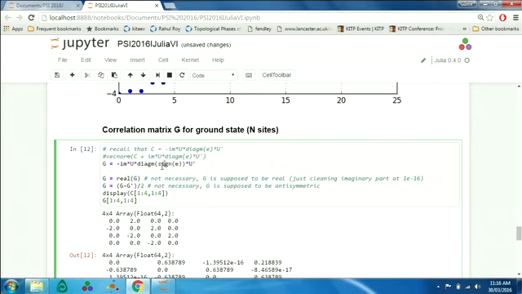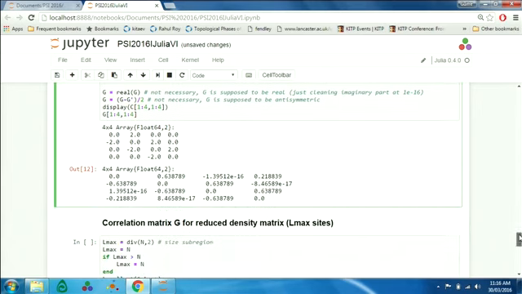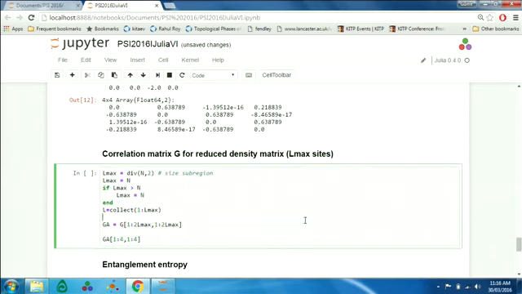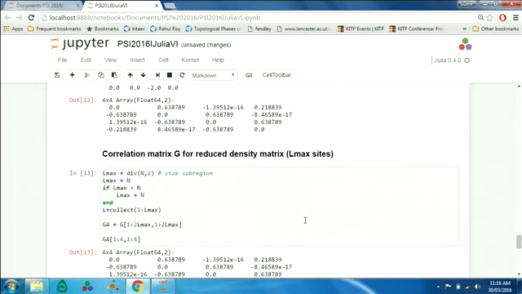We again have to take the sign of the single particle energies and do whatever transformation we had done to diagonalize matrix C, U dagger. Very good. And finally, the correlation matrix G for density matrices, we do the same as before. We create our correlation matrix on part A by restricting the correlation matrix for the whole system to the region we're interested in.